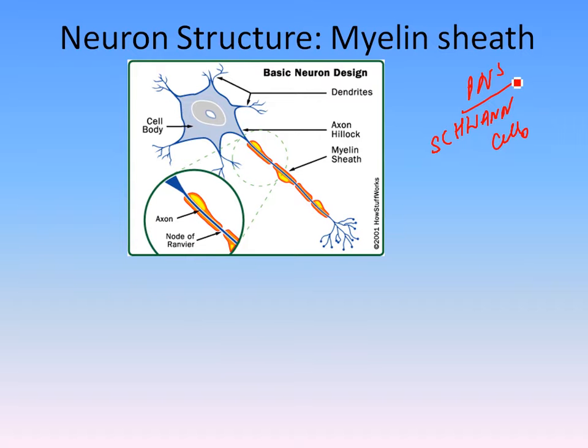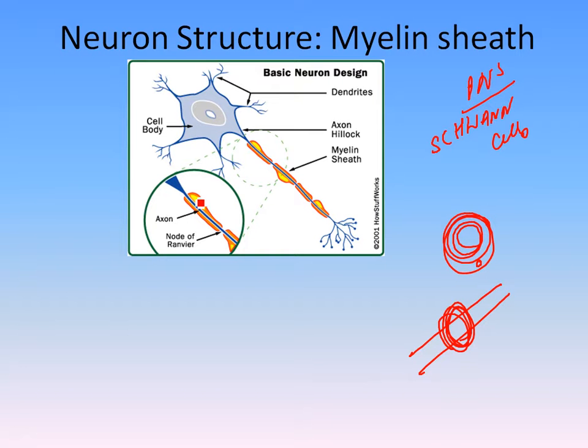The cells wrap themselves around like a toilet paper roll, pushing the cytoplasm and nucleus as a bulge external to the sheath. So if this is the axon, they will wrap themselves like this, pushing the nucleus and the membrane to the outside. The portion of the sheath that contains the nucleus and the cytoplasm will be called the neurolemma.